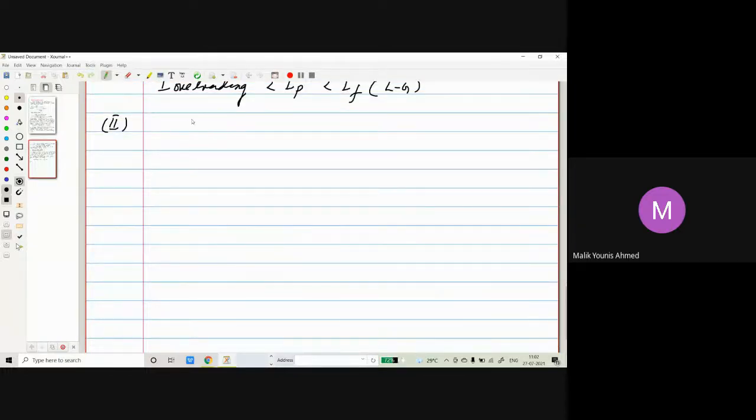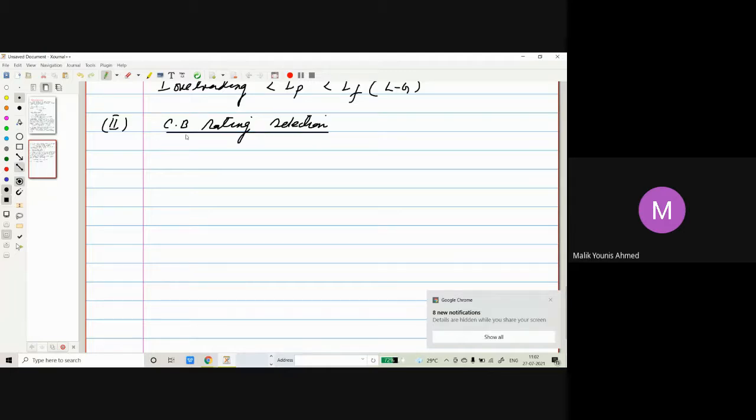Now, circuit breaker rating selection, how do we do it? Circuit breaker rating is in MVA. You should always remember, circuit breaker rating is in what?